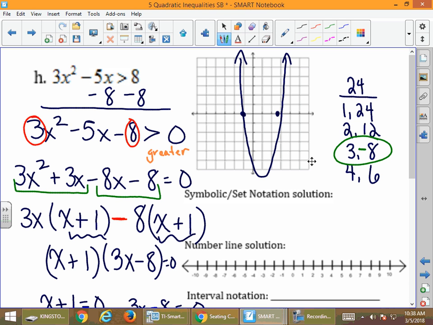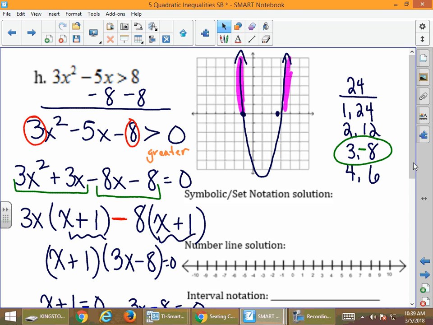But we wrote down earlier that 3x squared minus 5x minus 8 is greater than 0. So when we look at this from the highlighted perspective, we need to go above the x-axis. And we had 2 highlights.